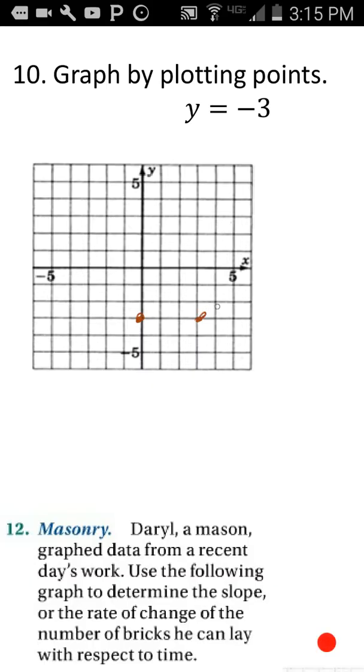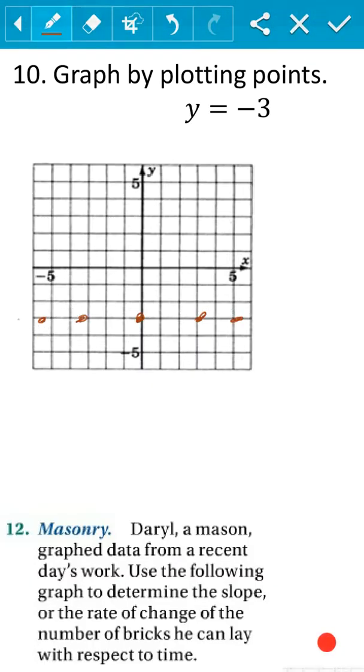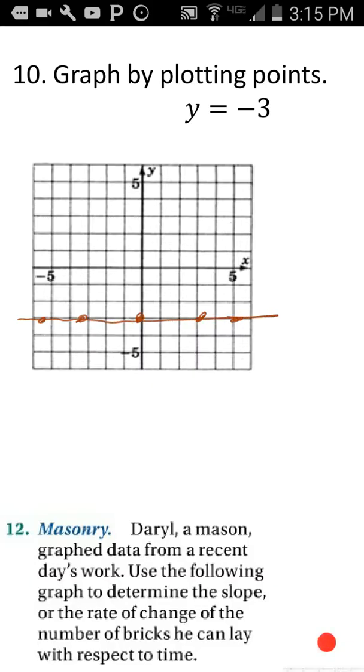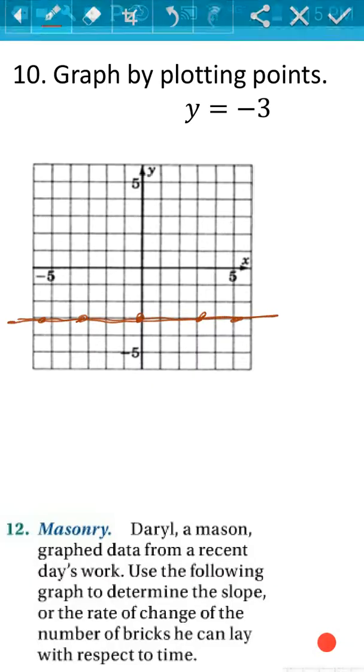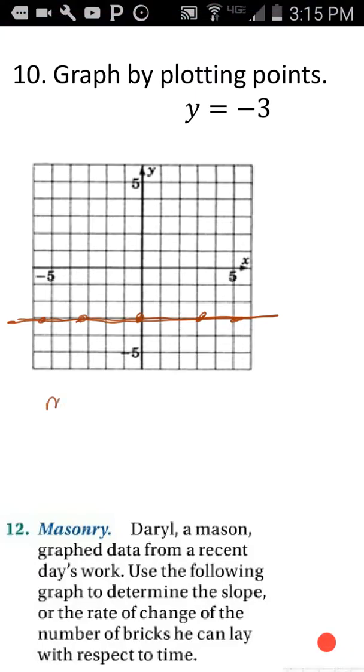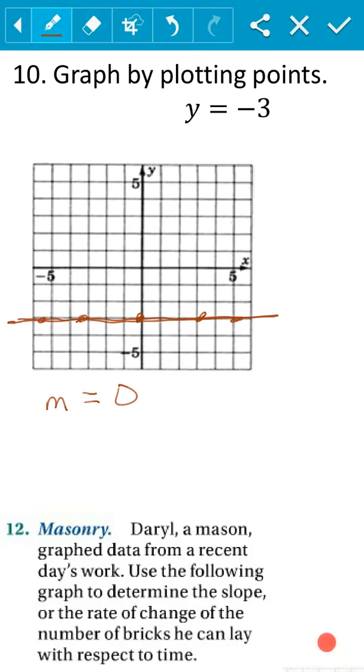It's going to be equal to that number no matter where x is. So we're going to have a horizontal line, and the slope of a horizontal line, which they haven't asked, is 0. So the graph is just a horizontal line where y is equal to -3.